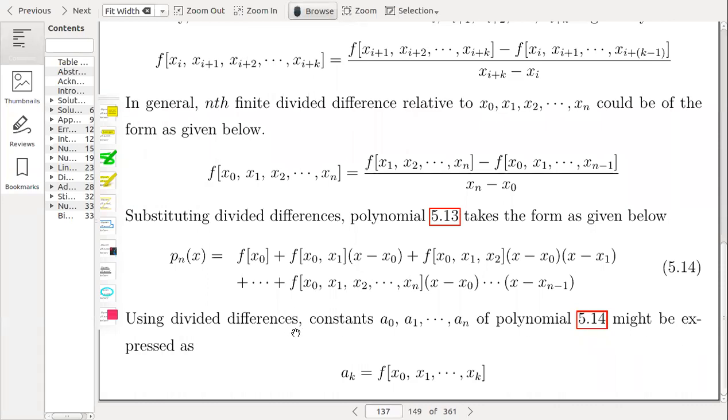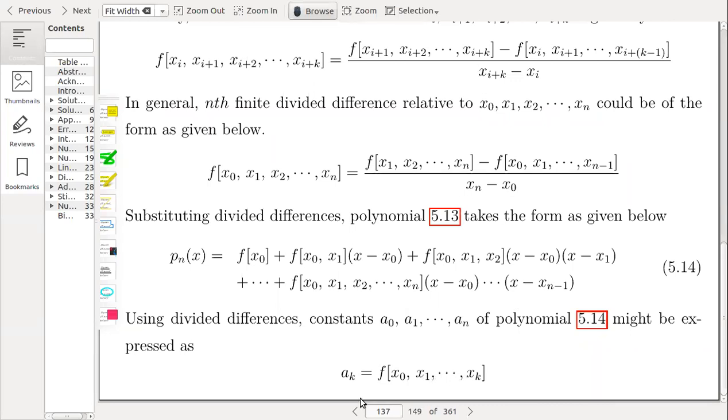Okay, so using divided differences, the constants a naught, a1, so on an of the polynomial might be expressed as follows. The general form of these coefficients can be expressed as ak is equal to f of x naught, x1, so on, xk.